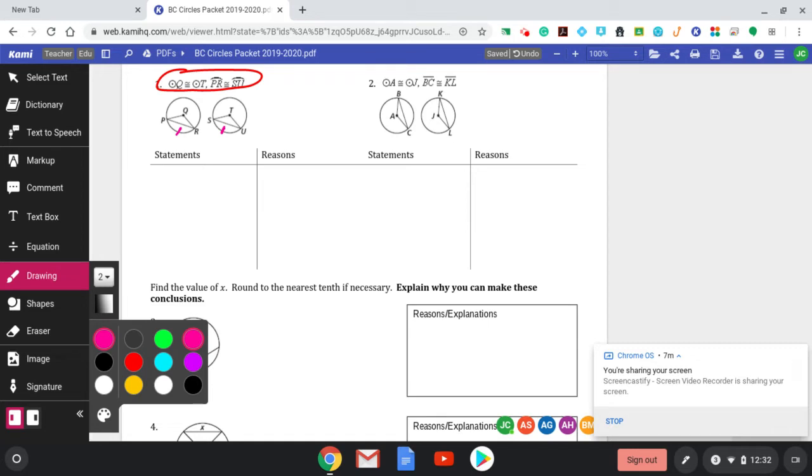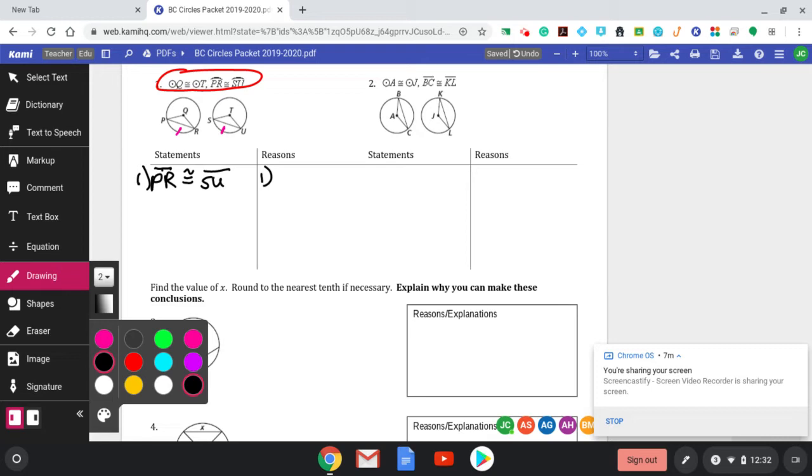Okay, so a couple things and how to write it properly in the reasons. If you go back and look at the facts on the previous page, you know that if the arcs are congruent, so are the chords. So we can say segment PR is congruent to segment SU. Here's the reason.